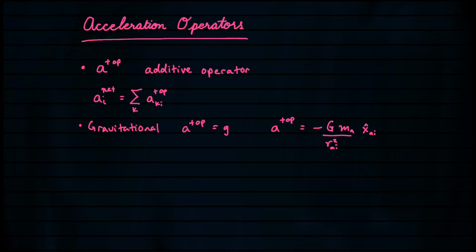So we have this formula: minus g times the mass of the attractor, divided by the radius, or the distance, squared between the attractor and the object i that we are trying to simulate. And then the vector x represents the direction from the attractor to the object i.